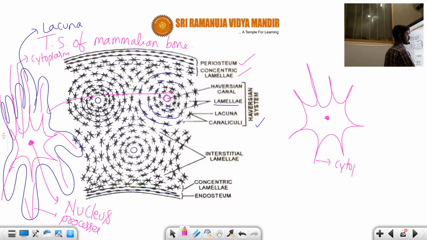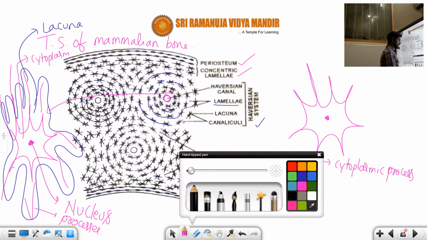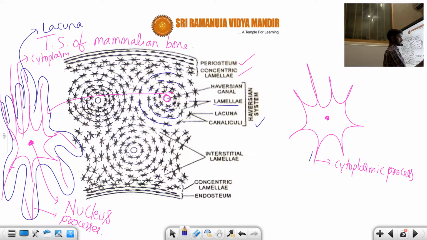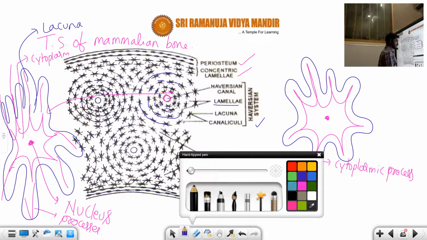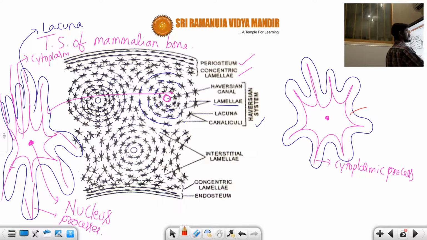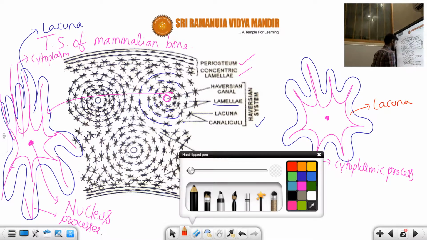I hope you understand this is the cytoplasmic process. The bone cell is present in a space. What is this space called? Lacuna. So this space is called what, students? Lacuna. I hope you understand this point.